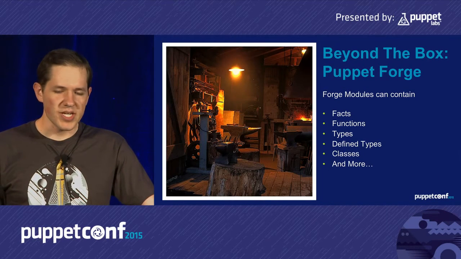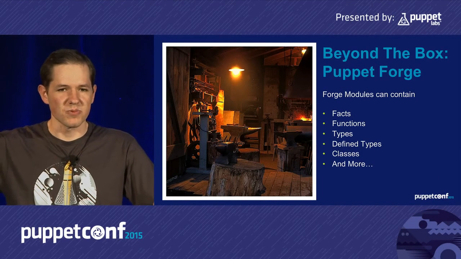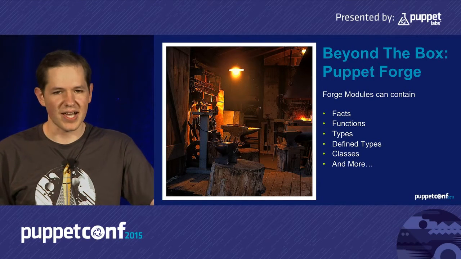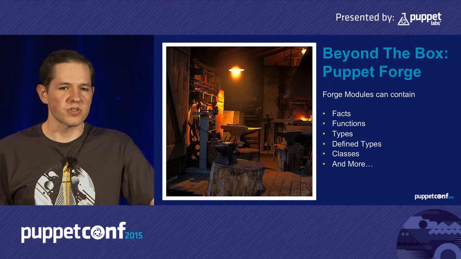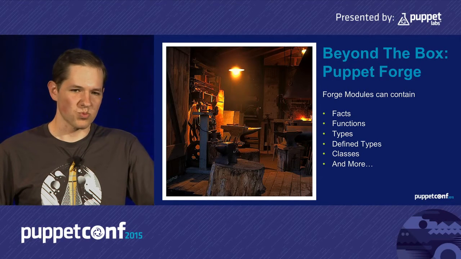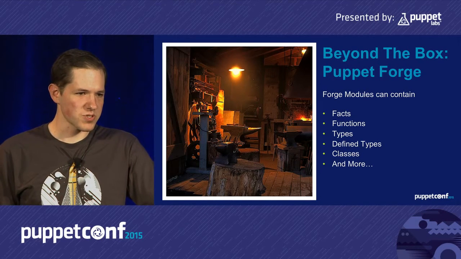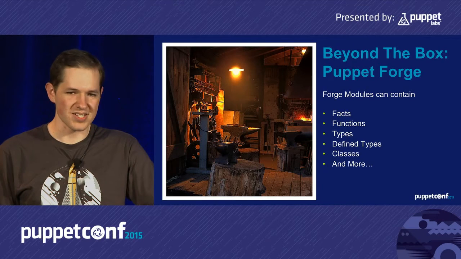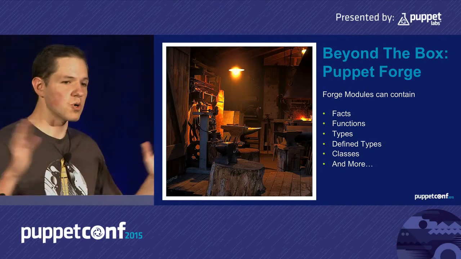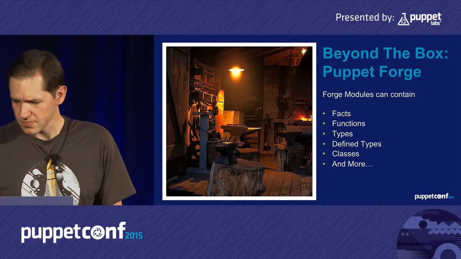So each of these things we just briefly reviewed: facts, functions, defined types, classes. Puppet is extremely modular as a framework, and a module that you download from the Puppet Forge can contain some or any of these, as well as many other things. Most of what you can find Puppet to do, you can extend in a module. Once you install it, suddenly that functionality is just, boom, available to you to use.